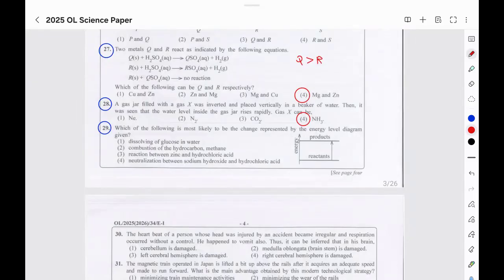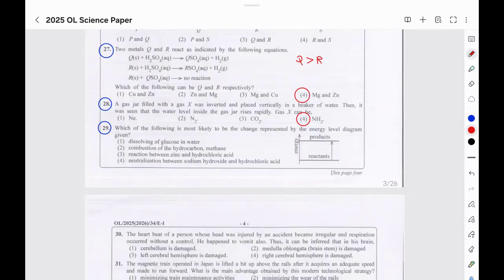Okay, shall we move to the next question? The next question is regarding the heat changes. They're asking which of the following is most likely to be the change represented by the energy level diagram?